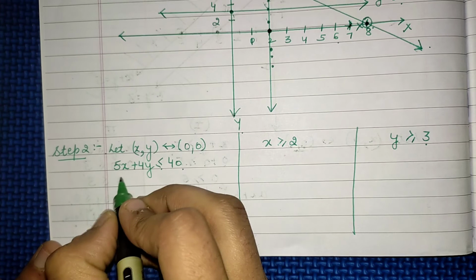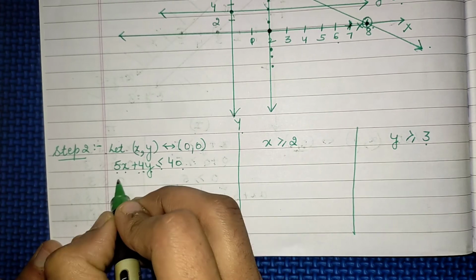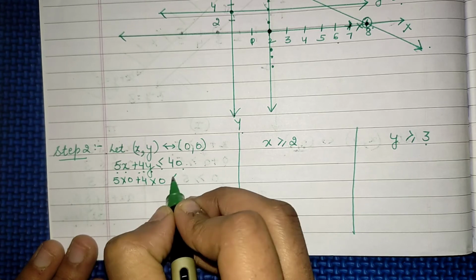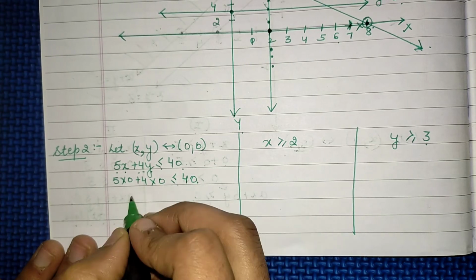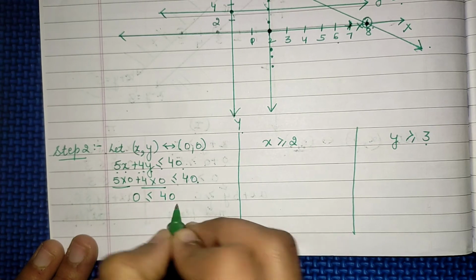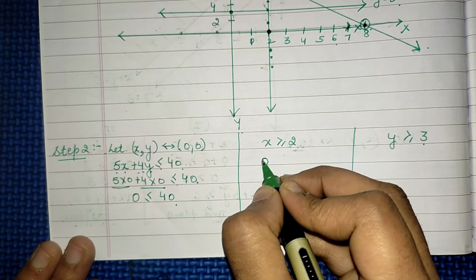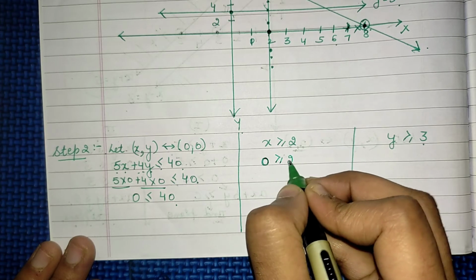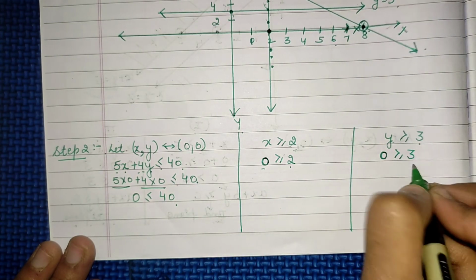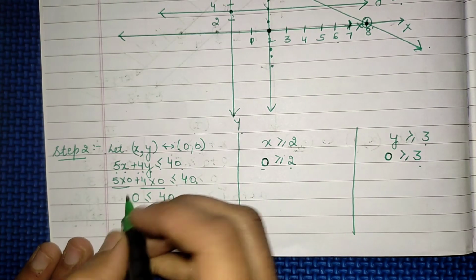If I put 0 and 0 here, 5 into 0 plus 4 into 0 is less than or equal to 40, so this becomes 0 is less than or equal to 40. And here if I put 0, 0 is greater than 2. And here, 0 is greater than or equal to 3.